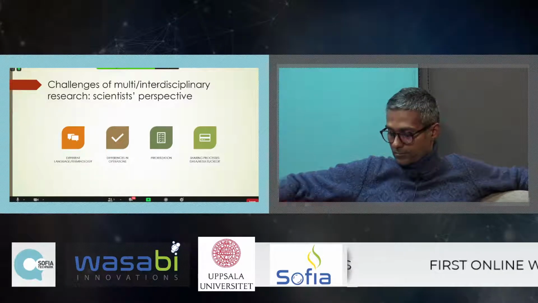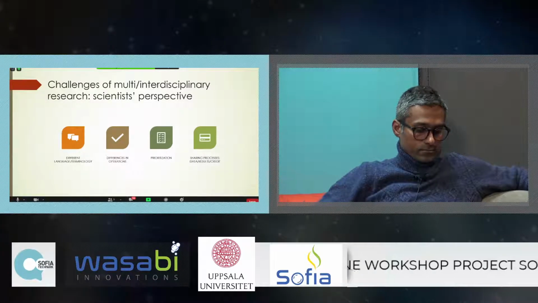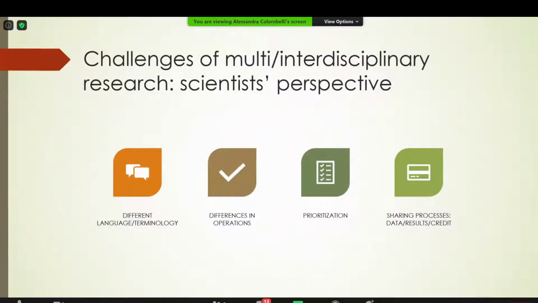Different teams that also pertain to different domains may also show differences in the way they organize work and experiments, and this creates differences in operations that can be again another challenge. Another one is prioritization.